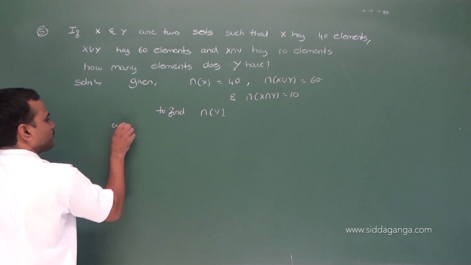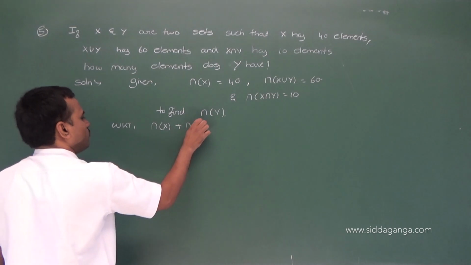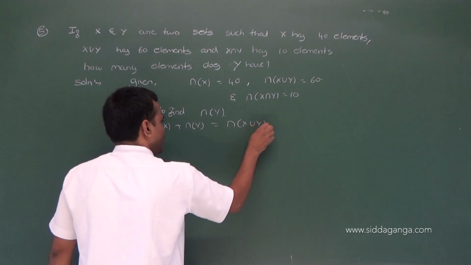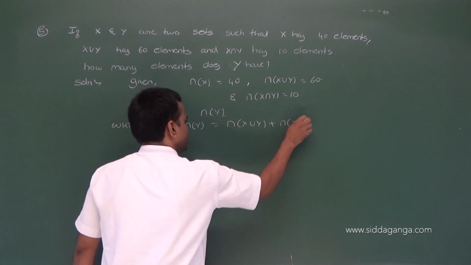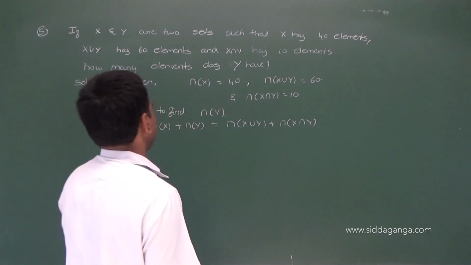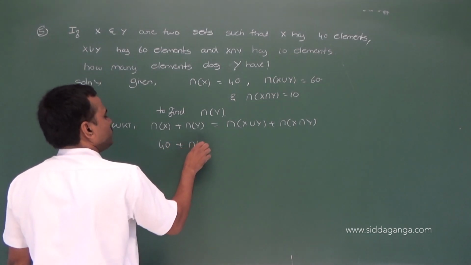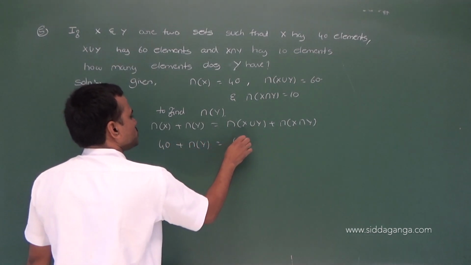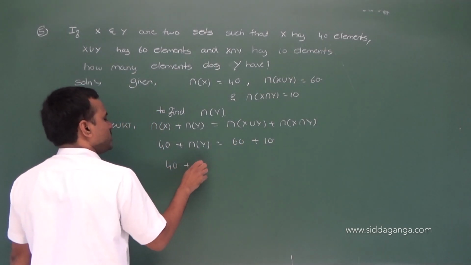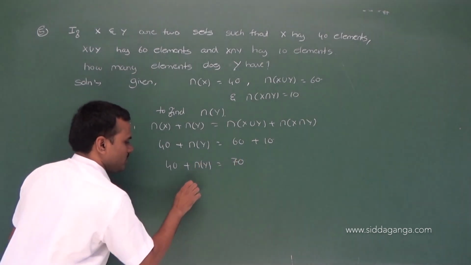So we know that n of x plus n of y is equal to n of x union y plus n of x intersection y. Substitute all the values. n of x is 40, plus n of y we have to calculate, equals 60 plus 10, which is 70.